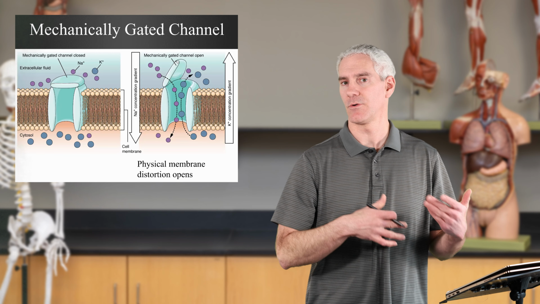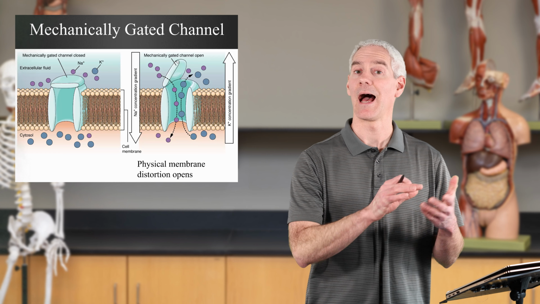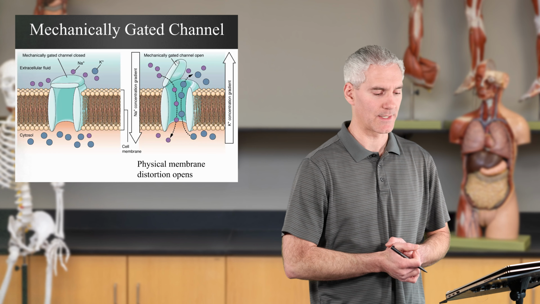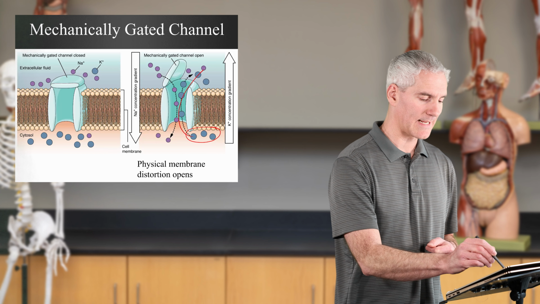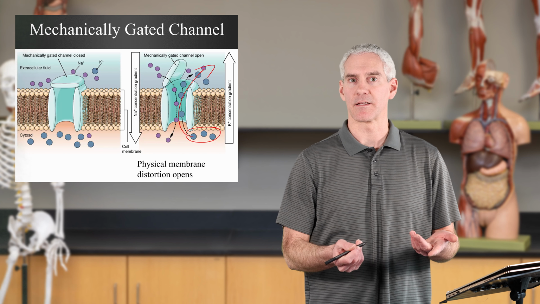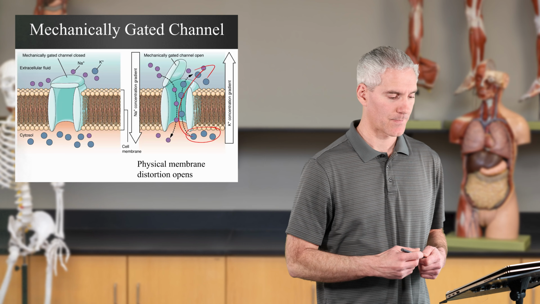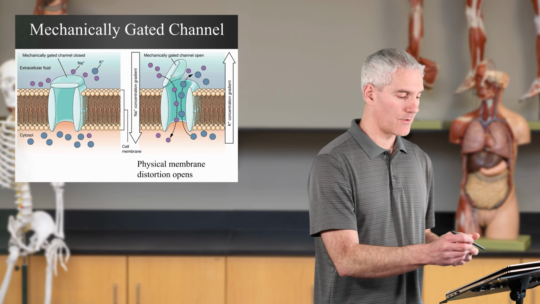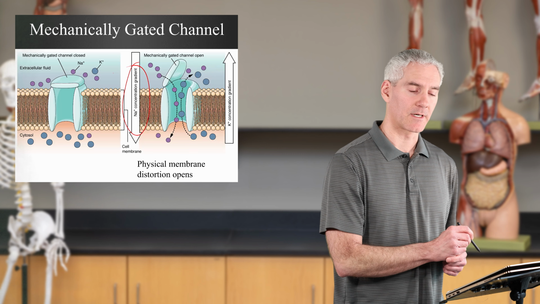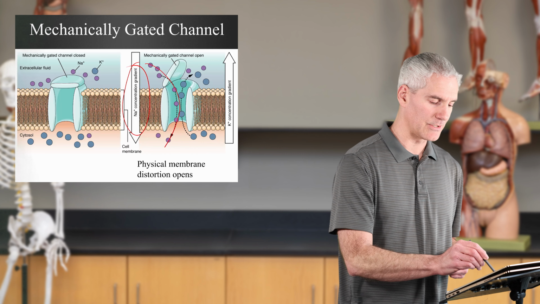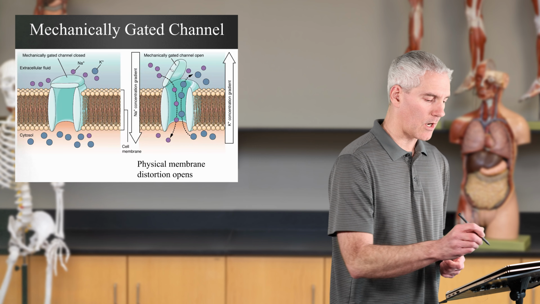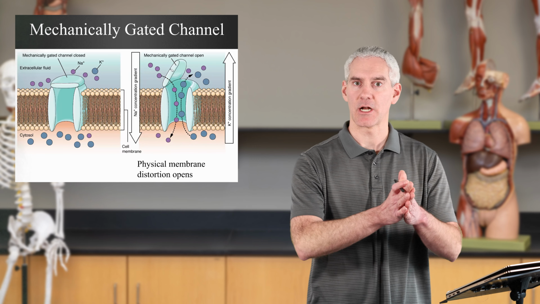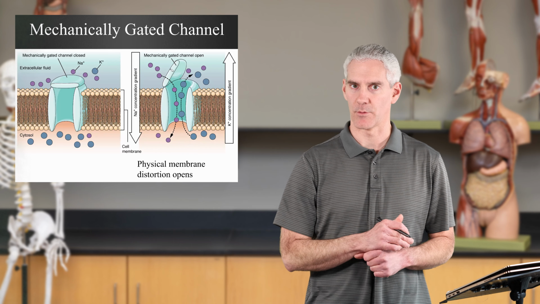And just like the previous two, it's all based on diffusion. High to low concentration gradient. You can see on the side here how potassium is all heading out, leaving. It's going down its concentration gradient. Where if you notice on the other side, sodium over here is now coming in, because it's going down its concentration gradient. So it's all based on looking at that channel opening up, diffusion flowing through.